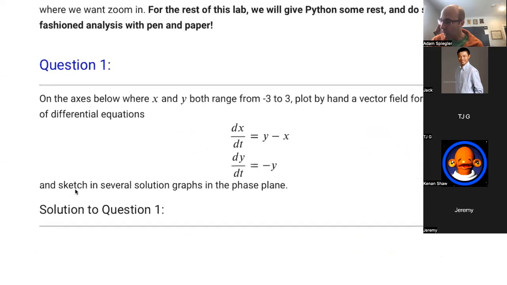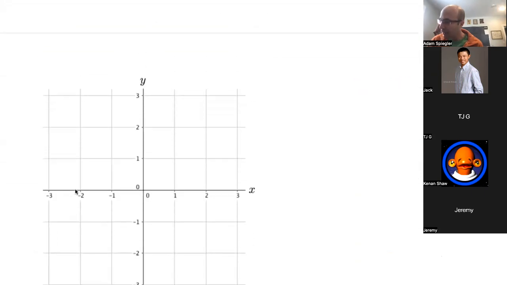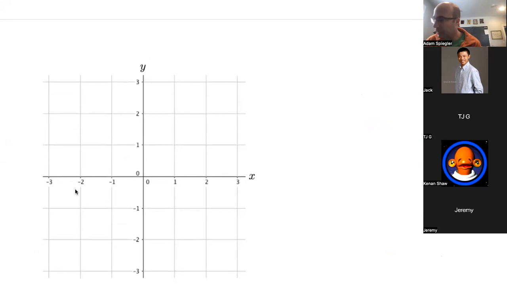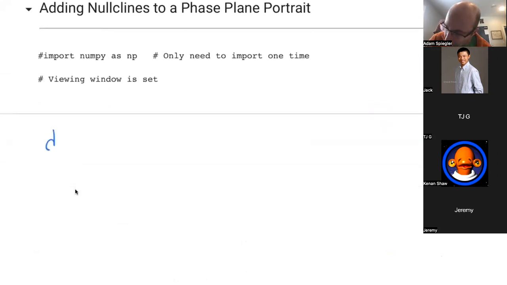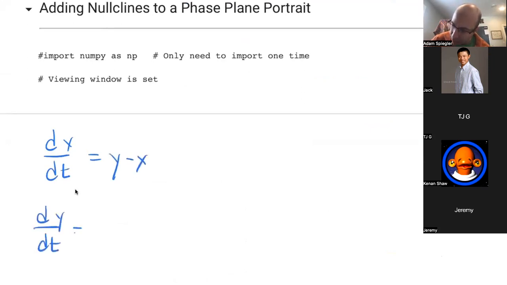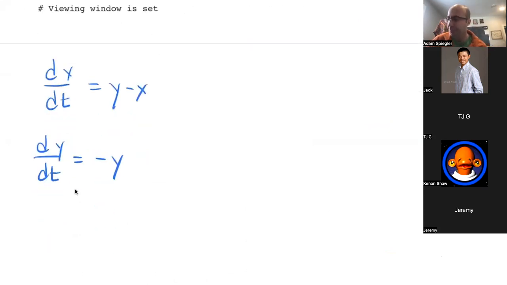Okay, so let me just set up a new page here. And let's think about how we could identify these just from the system of equations. In this case, we had dx dt was y minus x, and dy dt was equal to minus y.